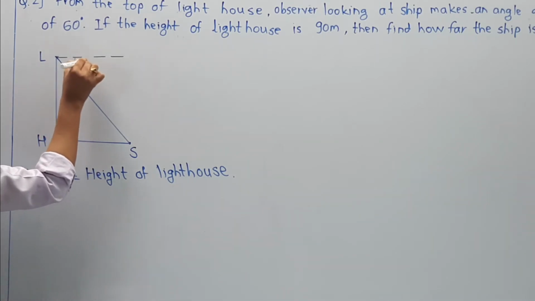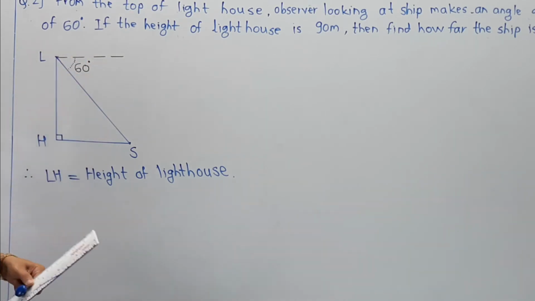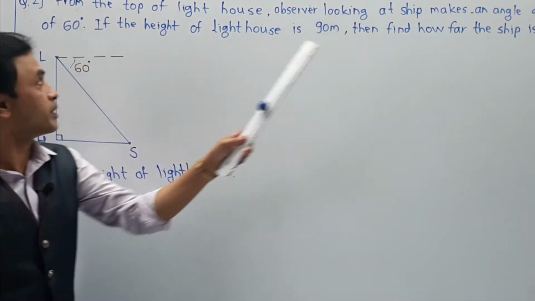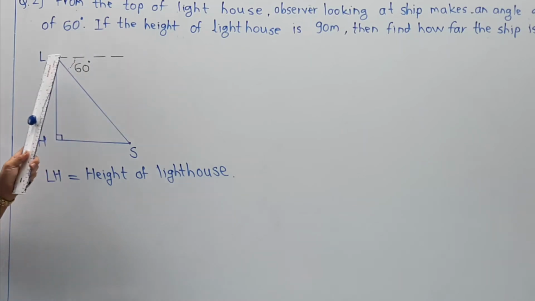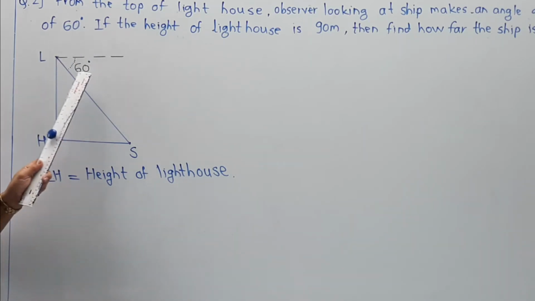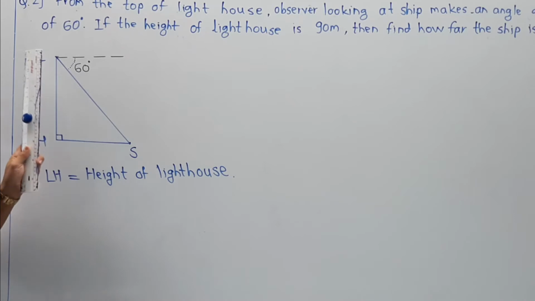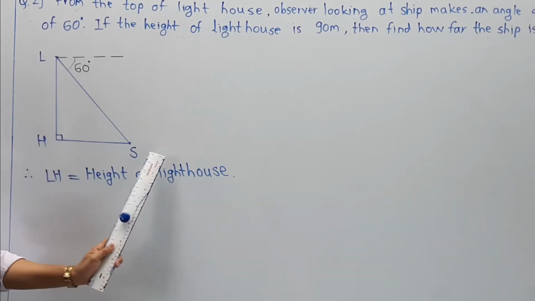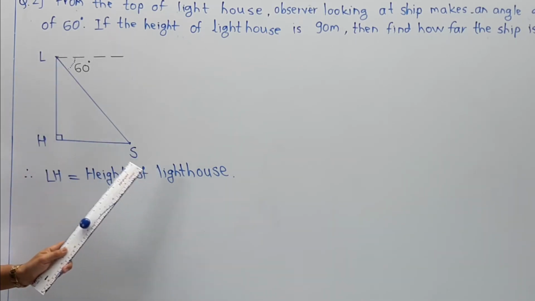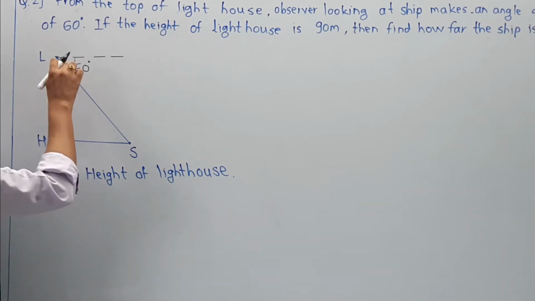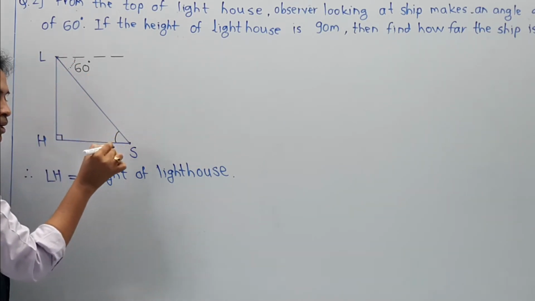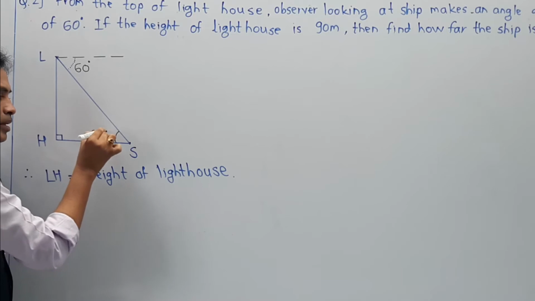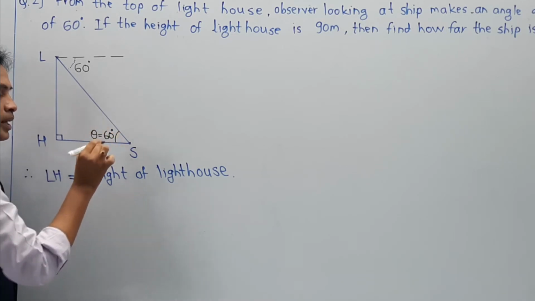This is your 60 degree angle, because the person is looking from the top position. If this angle is 60 degrees, naturally this line parallel to HS and LS act as a transversal. So as it is 60 degrees, here your angle theta becomes 60 degrees.